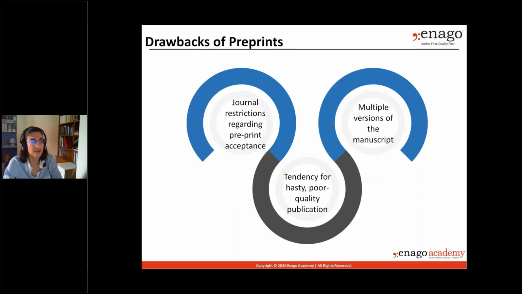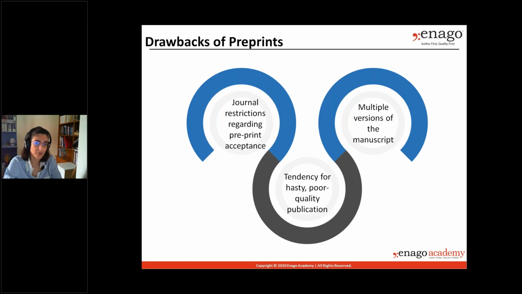Drawbacks of preprints: there are general restrictions regarding preprint acceptance. So as I mentioned, it's very important to ensure that the journal you will be submitting your manuscript to agrees with having preprints submitted in public repositories. In the case of preprints, there's a tendency for hasty and poor quality submission of preprints to these repositories.